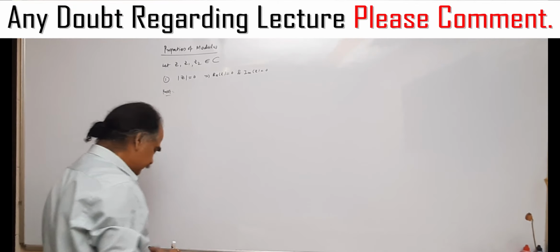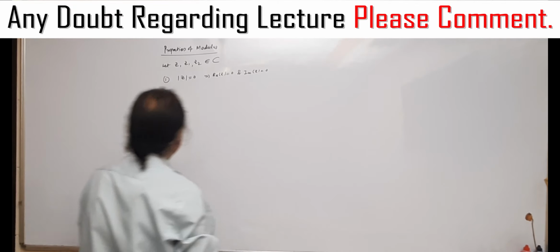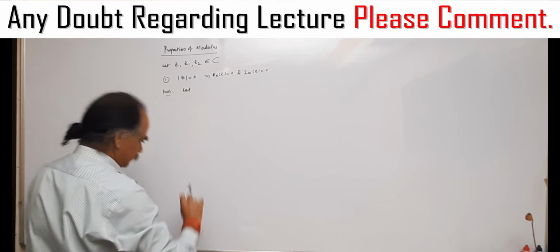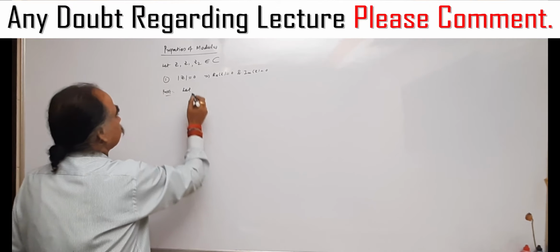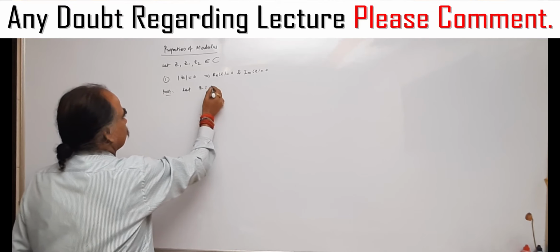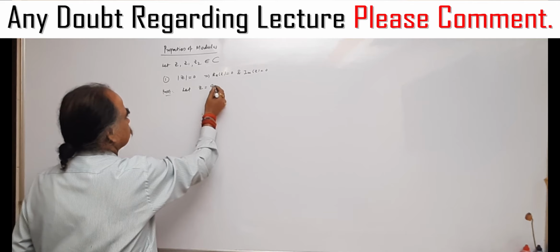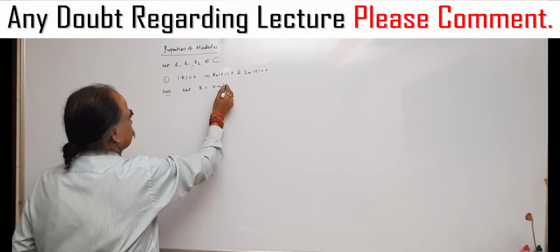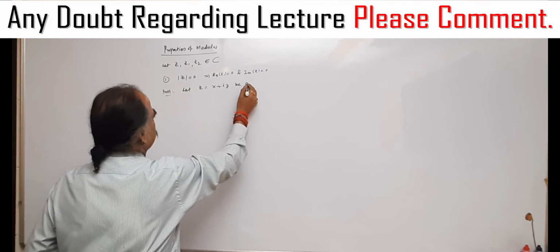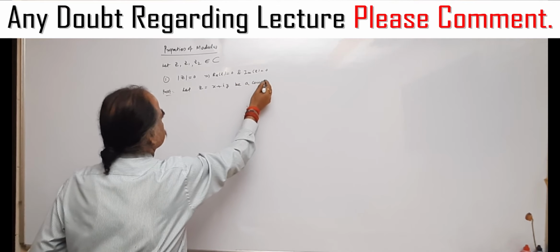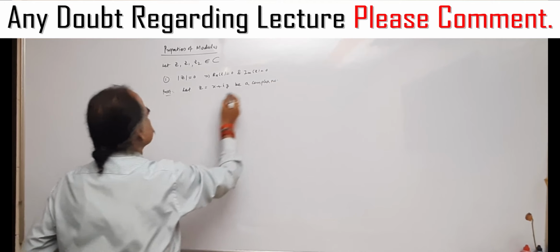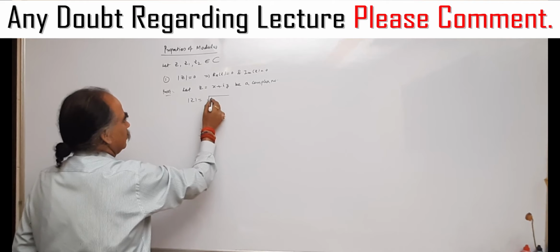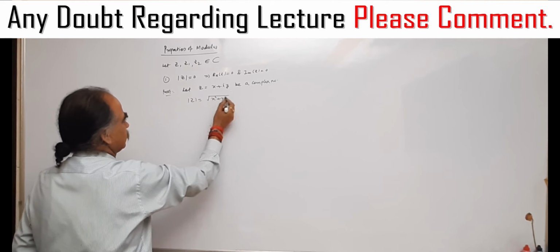See the proof of this. Let z is equal to x plus iy be a complex number. Mod z is root of x square plus y square.